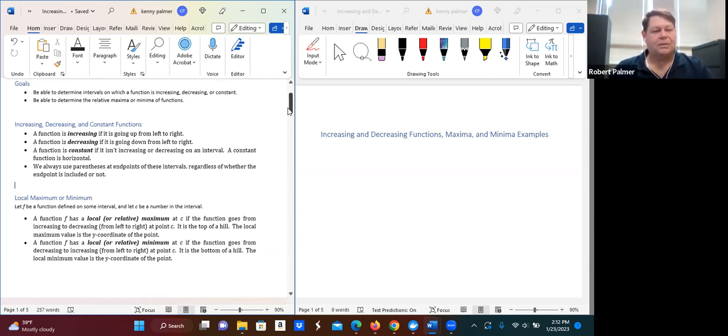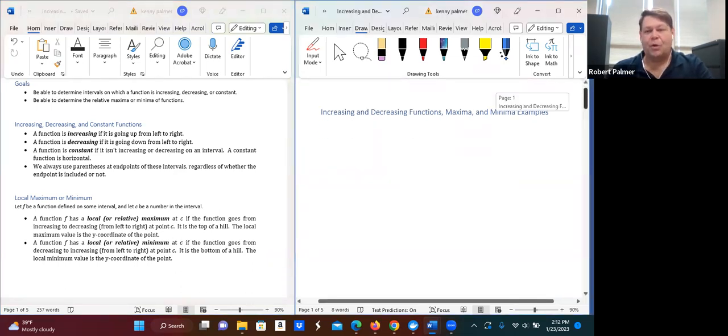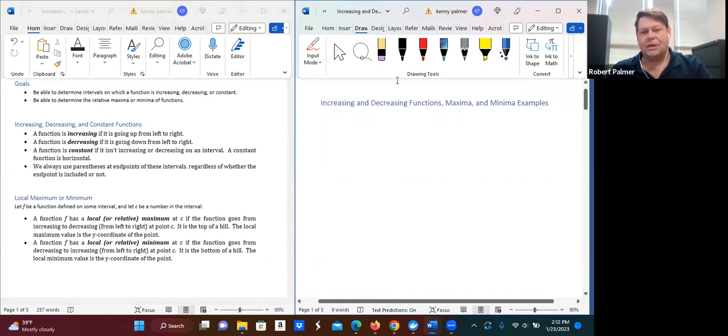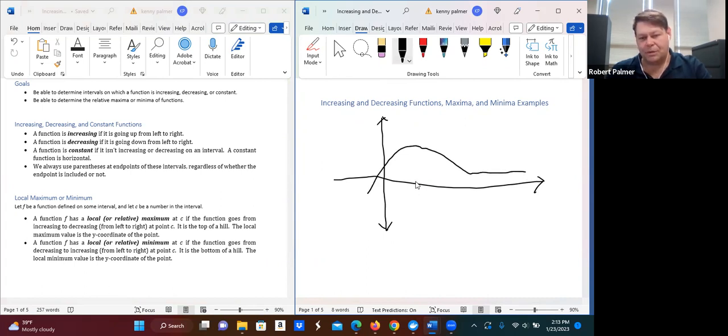Now, let's take a look at some examples of this idea. Then we'll also introduce the idea of local maximum or minimum values. So let's make up a function. Here are the x and y axes. Let's have a function that looks like this, and let's label some of these points.